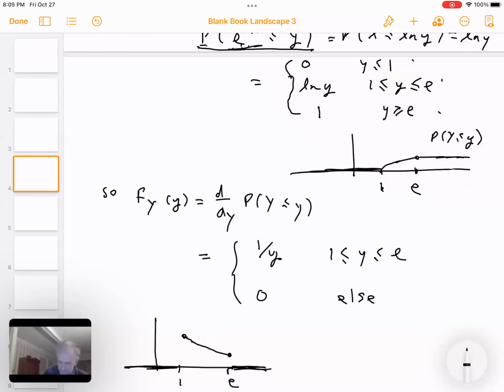It doesn't really matter whether you include the endpoints or not. This is not continuous, as you notice. There is this jump here, that's fine, just at those 2 points. And it doesn't matter where you put the points for this function. Okay, so this is f_Y of y.